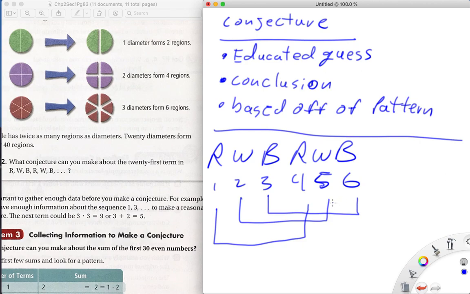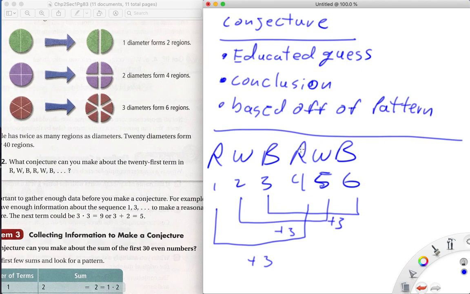It looks like it's adding 3 to get to the R. So 1 plus 3 is 4. 2 plus 3 is 5. 3 plus 3 is 6 for the B's. So if we want to talk about the 21st term, we just keep adding 3 until we get to the 21st term, and then we can make a conjecture of what that pattern might be.